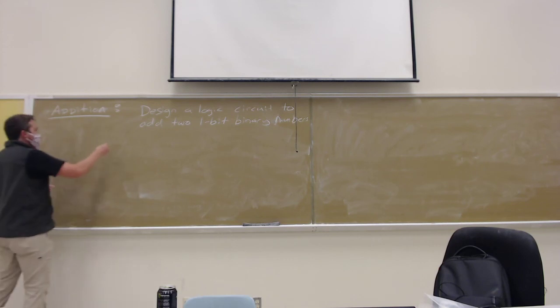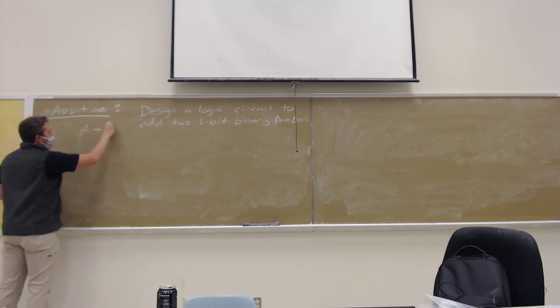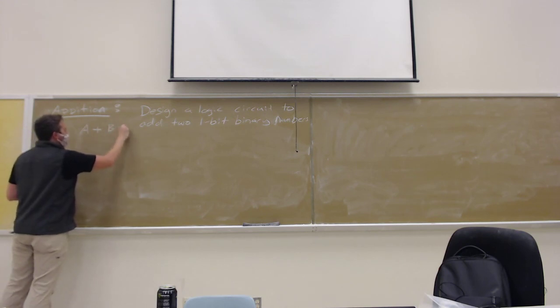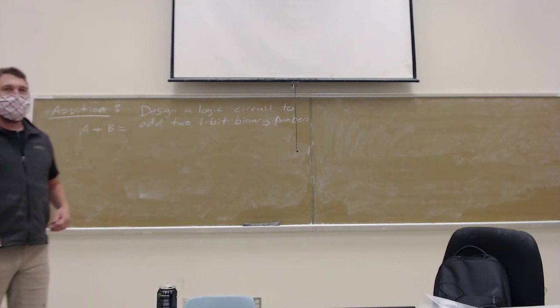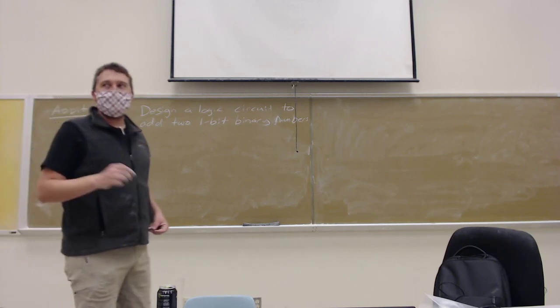So what we've got is, if A is 1 bit, and we're adding it to another bit, first off, how many bits is my result? And yes, it is kind of a trick question.